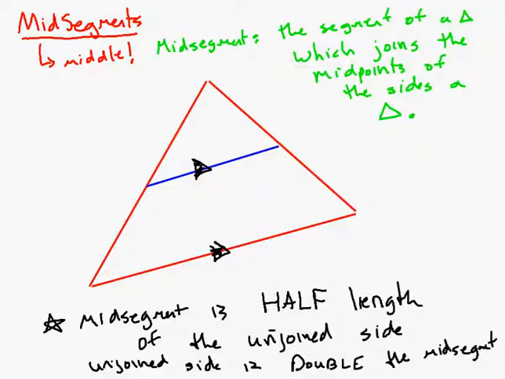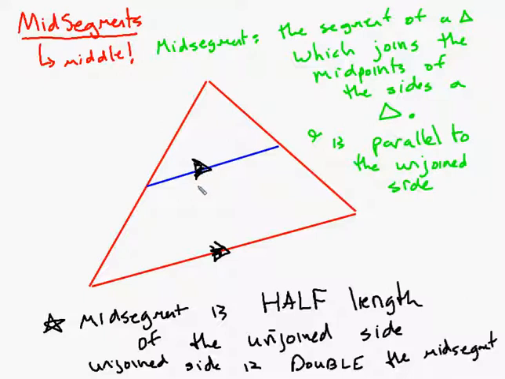So the mid-segment, we can add to our definition, is a segment which joins the midpoints of the sides of a triangle and is parallel to the unjoined side, even if it's not marked. Well, something has to be marked.